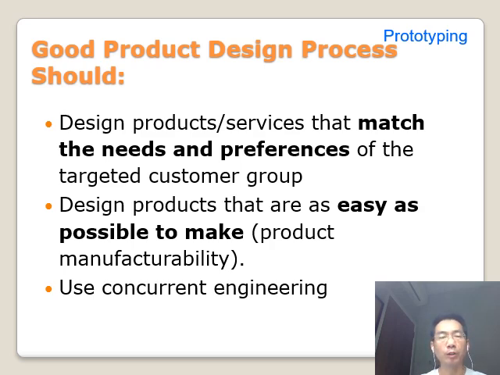So this will simplify and sometimes be cost effective. And the good product design process should be a concurrent engineering process. Concurrent means, okay, when we are proceeding with this, other processes can still continue. And if we have some finding from the process, we can give feedback immediately.